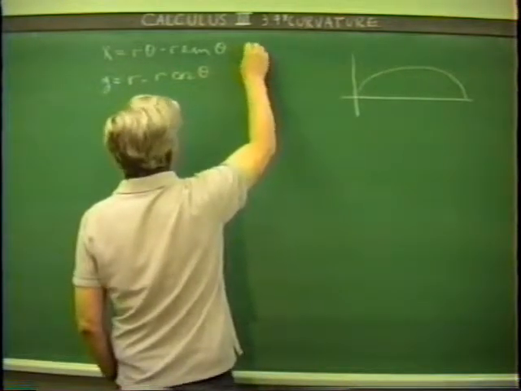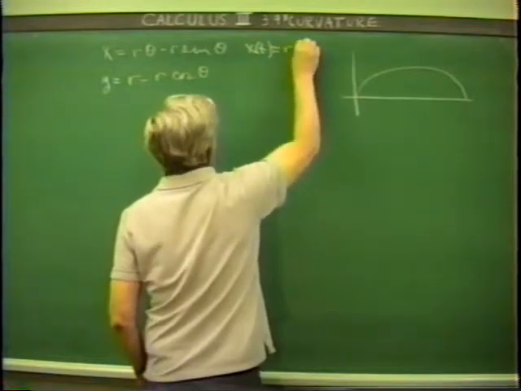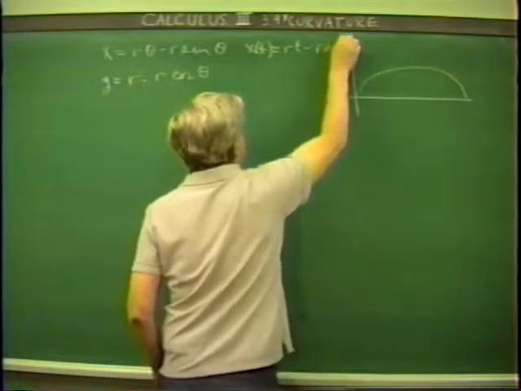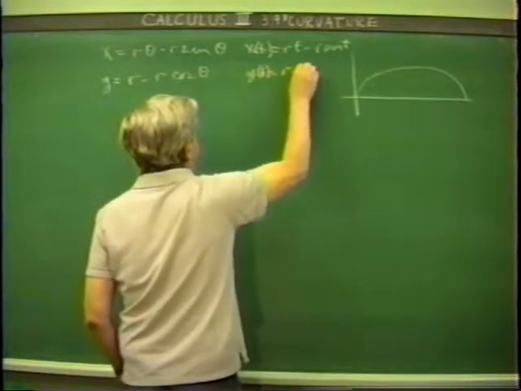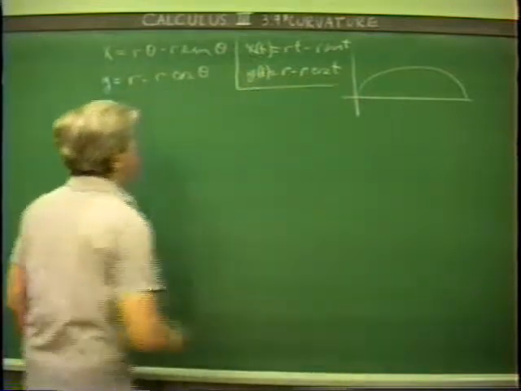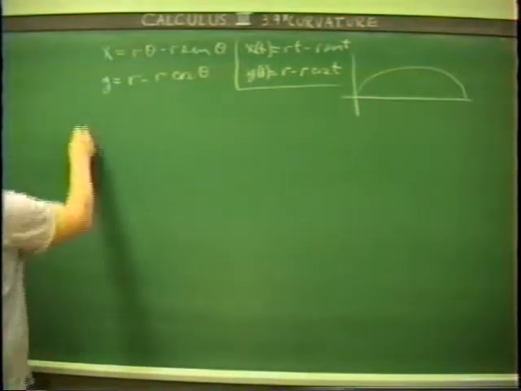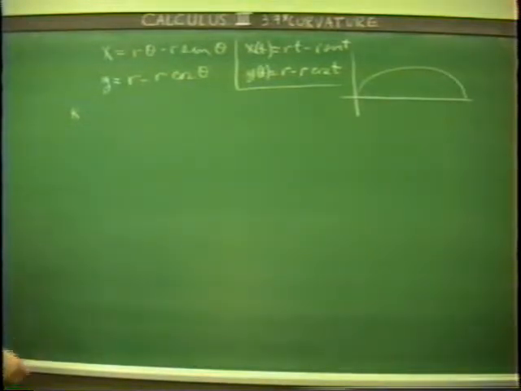And we can treat this as a function of t by simply replacing theta by t here. So we have x of t is equal to r t minus r sine t, and y of t is equal to r minus r cosine t. And so these are the parametric equations.